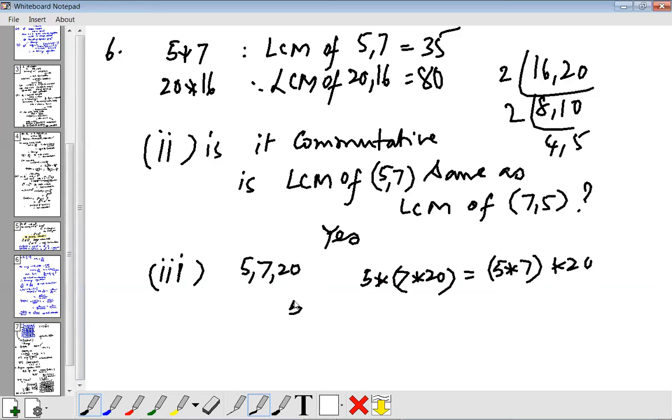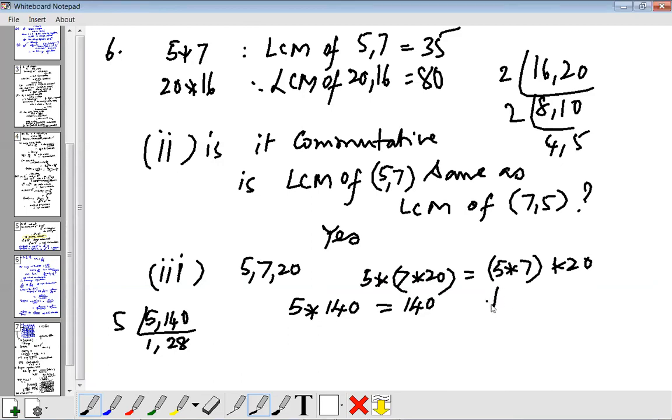So 5 star LCM of 7 and 20, which is 140. So LCM of 5 and 140: 5 ones are 5, 5 twos are 10, and 28 fives are 140. So LCM of 5 and 140 is 140.